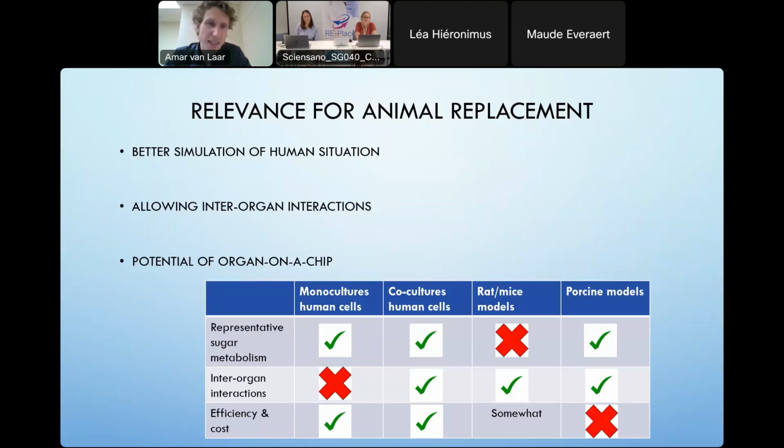But that doesn't mean that these models have little potential, because from this principle, you can even go a couple of steps further.